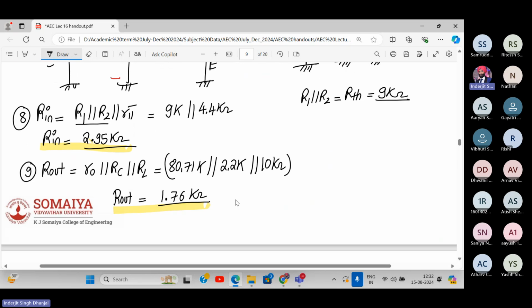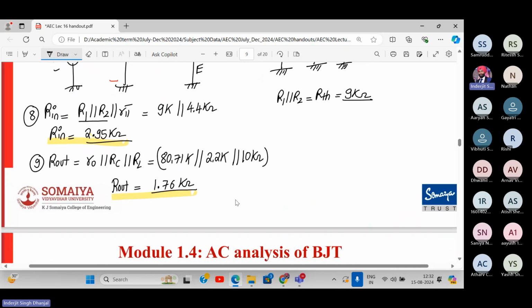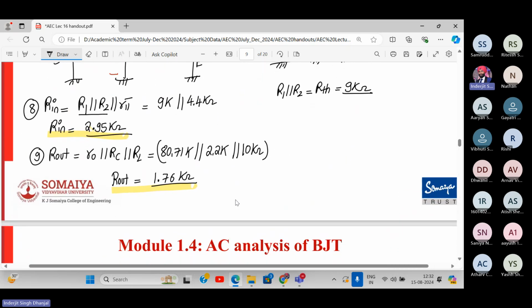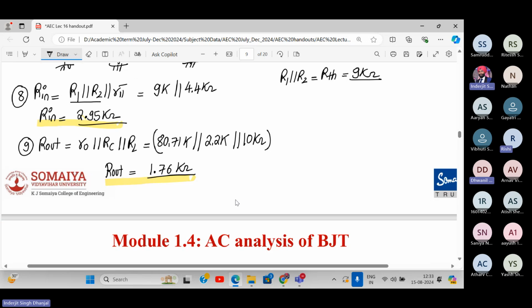It's a heavily calculation-intensive numerical. Did you get it? Yes, sir.